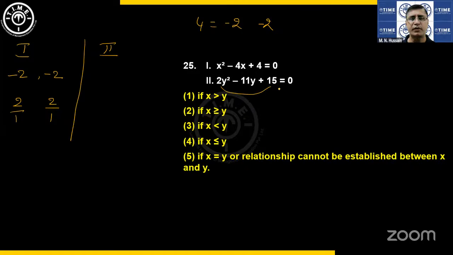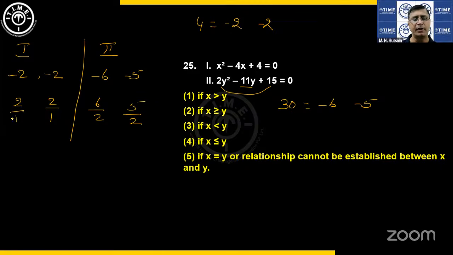2 into 15 is 30. How to express this 30 as a product of two factors whose sum is equal to minus 11? Here, minus 6 and minus 5 are the factors. The roots are 6 by 2 and 5 by 2.